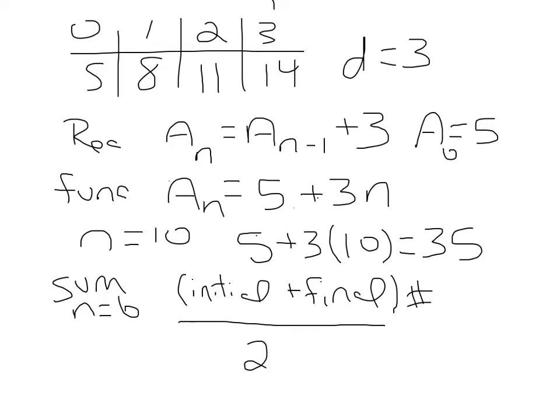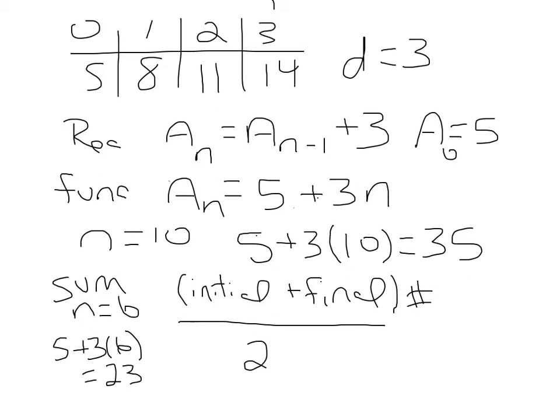To get the final term, I'm going to have to calculate it, so I will calculate it the same way I did 10. So 5 plus 3 times 6. You could have extended the table, but 5 plus 3 times 6, let's see, that's 18, plus 5 is 23. So the final term is 23.